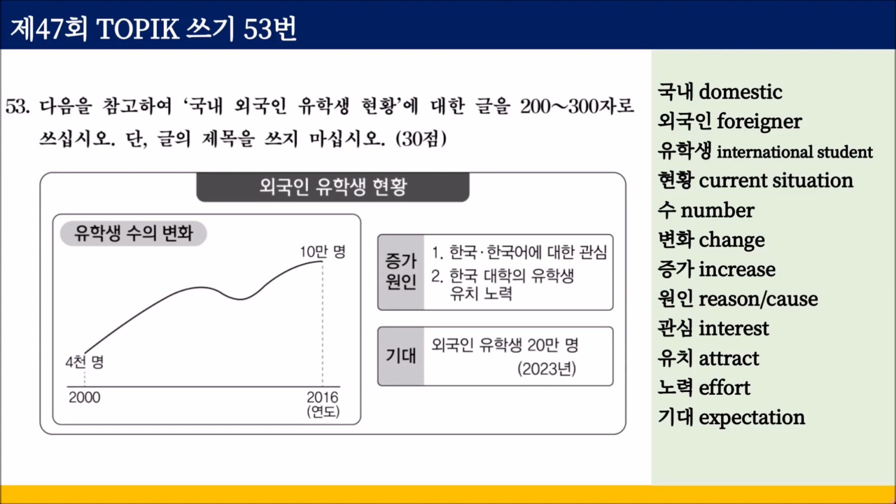Let's read them one by one. 국내, domestic. 외국인, foreigner. 유학생, international student. 현황, 현재 상황, current situation. 수, number. 변화, change. 증가, increase. 원인, reason or cause. 관심, interest. 유치, attract. 노력, effort. 기대, expectation.